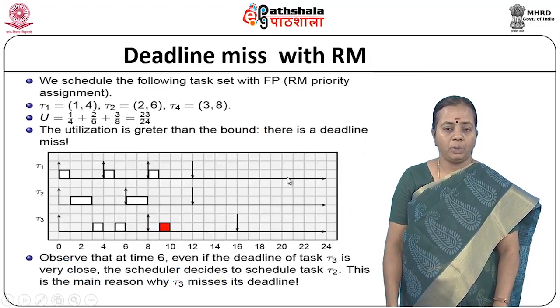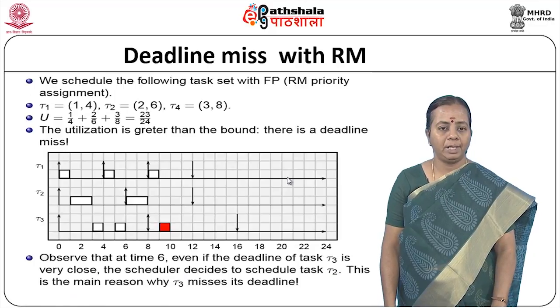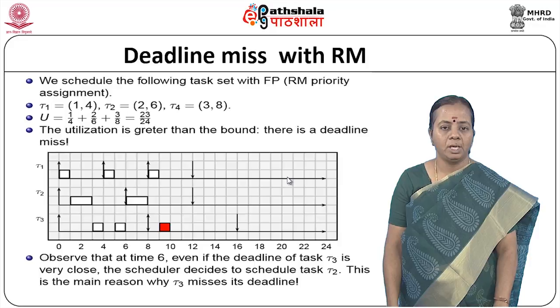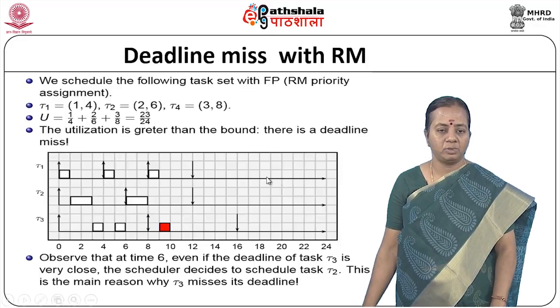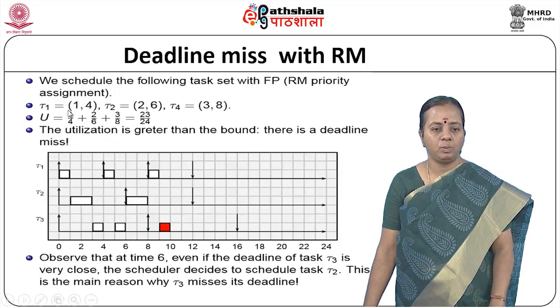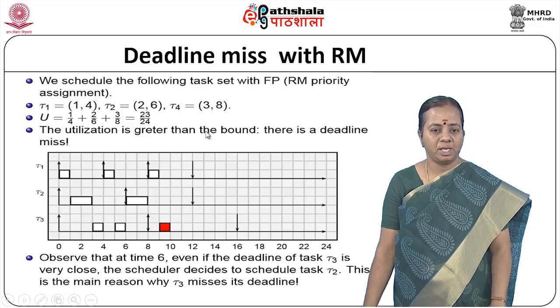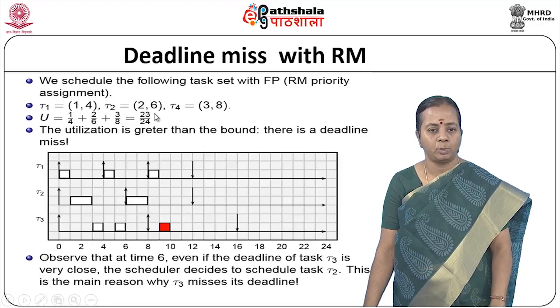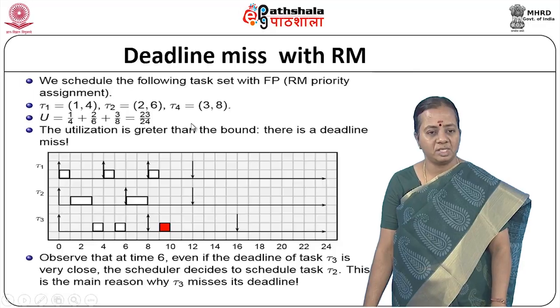As I told you, deadline miss is the great problem with respect to rate monotonic scheduling. Here is a case where task 1 has (1, 4), task 2 has (2, 6) and task 3 has (3, 8). So you just see 1 by 4, 2 by 6 and 3 by 8, which equals 23 by 24, which is less than 1 only.